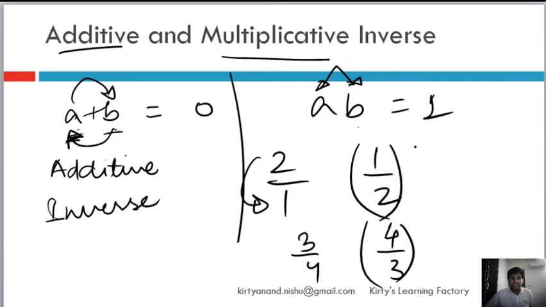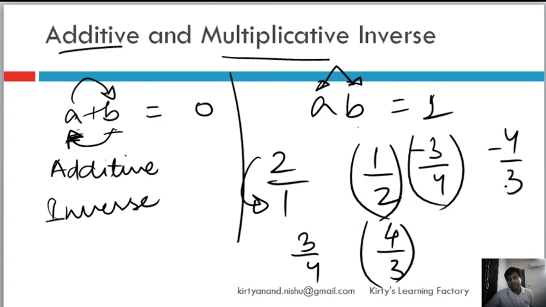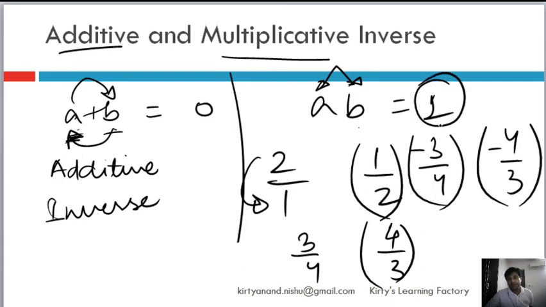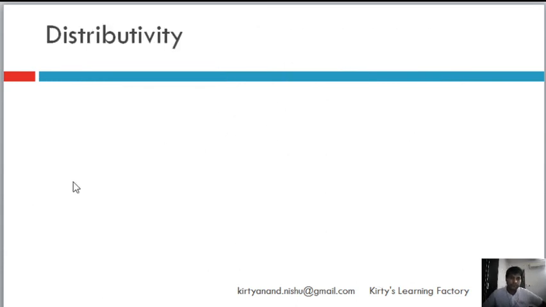If it is a negative fraction, say minus 3 by 4, then minus 4 by 3 is the multiplicative inverse, not 4 by 3, because the product has to be 1, not minus 1, and therefore if one of them is negative, the other also has to be negative for the product to be 1. So that's the multiplicative inverse.